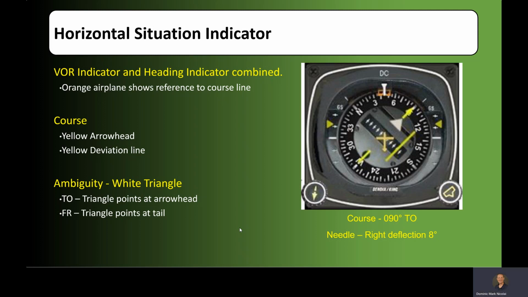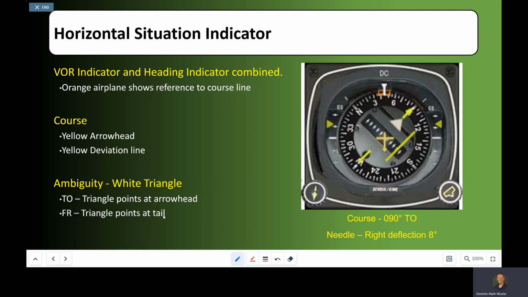So obviously, the heading indicator and the VOR display are combined into one instrument. It helps the pilot by reducing the workload for scanning the instruments. There's an orange airplane in the center here that represents your airplane.